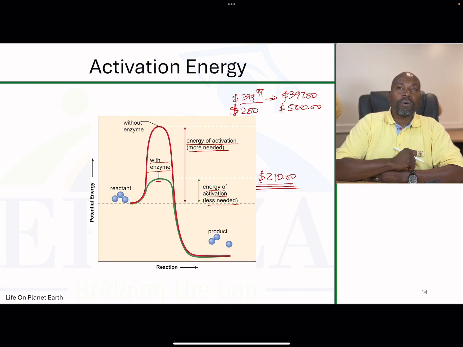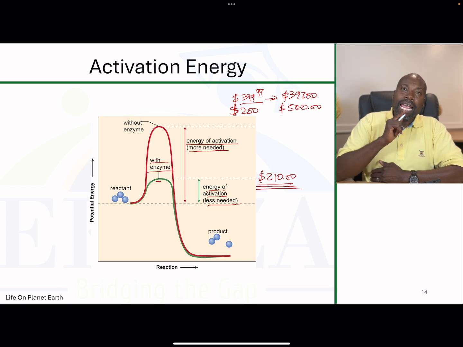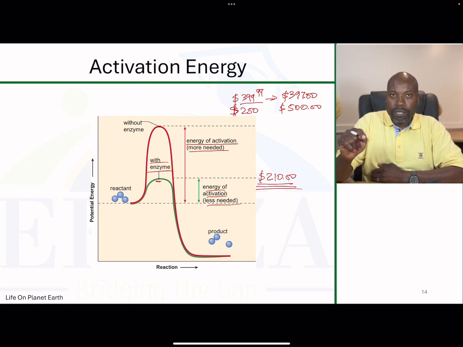So here is one thing I want you to remember. Enzymes speed up chemical reactions in the cell by lowering activation energy. Let me repeat that. Enzymes speed up chemical reactions in the cell by lowering the activation energy required for that chemical reaction to occur, right?